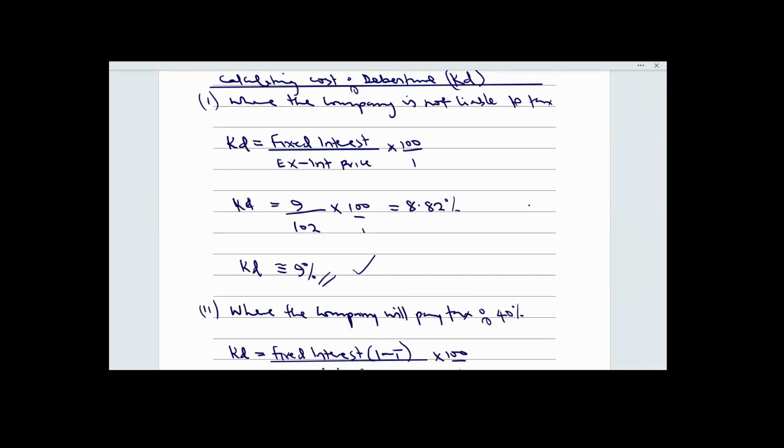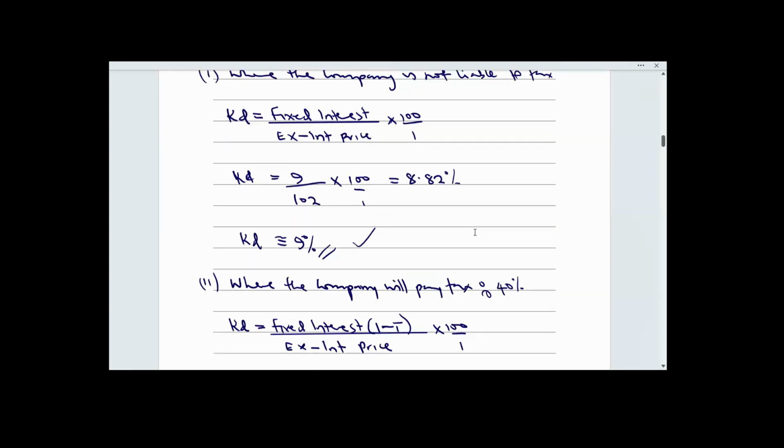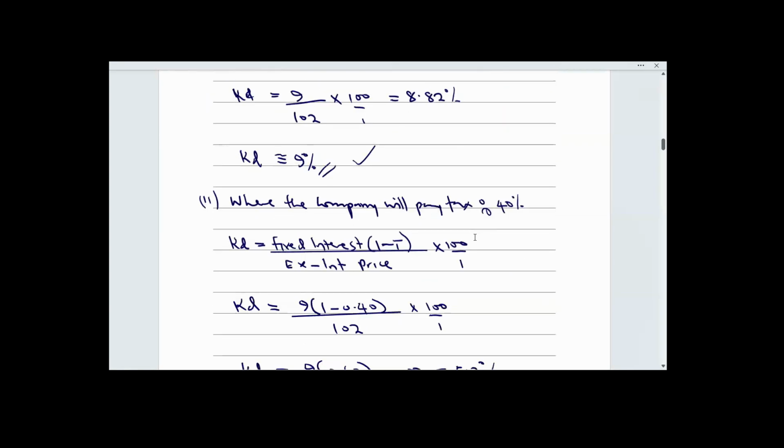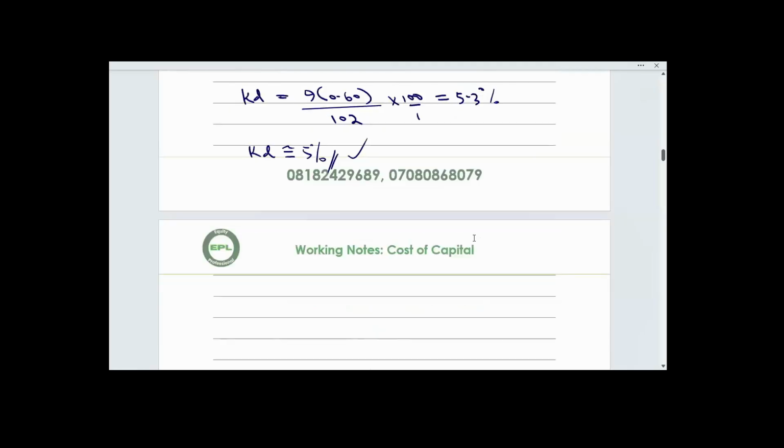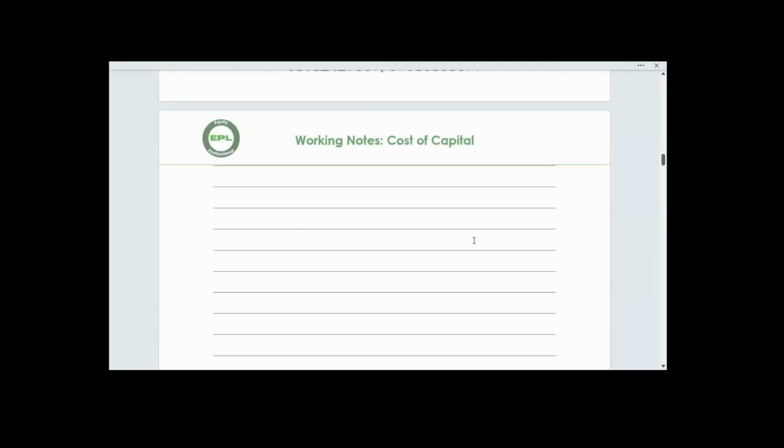We're not using the 9% of 10 million. If you want to do it that way, I'm just showing you the exam method. If you want to use that way, you are still going to get the same thing. Look at, say for example, the first one where there is no tax. If I want to use, let me say, alternatively, let me write that.